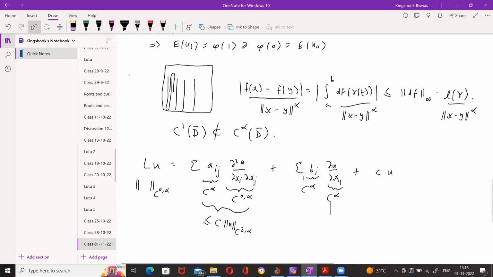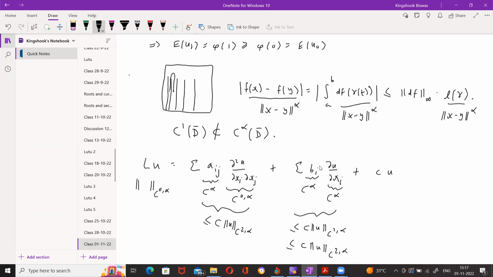And these C alpha norms of the Bi's are bounded by a constant. So the product again will be bounded by a constant times the C1 alpha norm, which will be bounded by a constant times the C2 alpha norm, right? Is this clear? By the interpolation inequalities. Yes. Okay. So that's it.